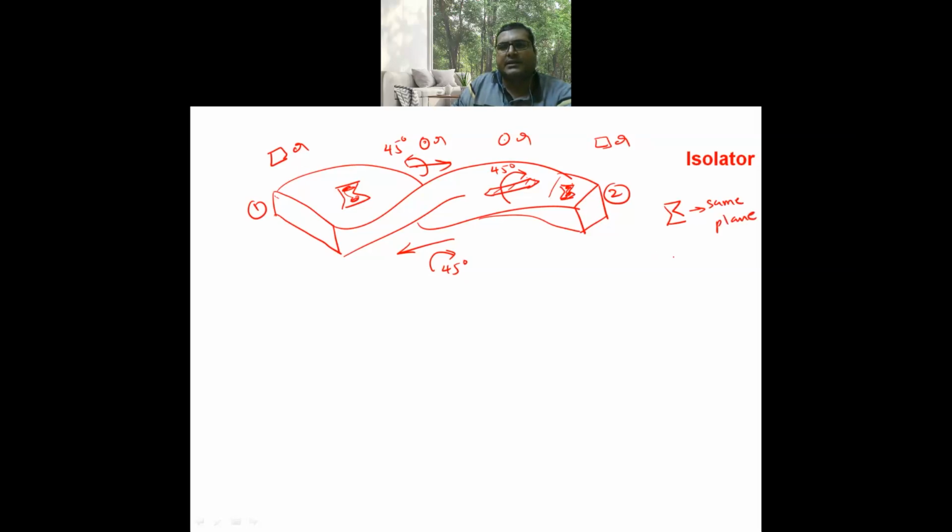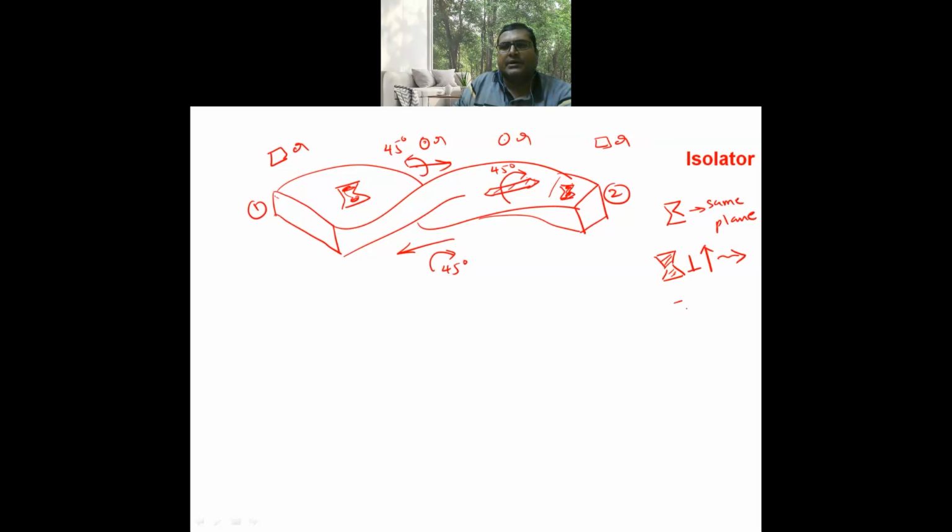One more important thing: assume that this particular plane of resistive card and the polarization of electromagnetic wave are perpendicular. Then only the signal will come out of the resistive card.